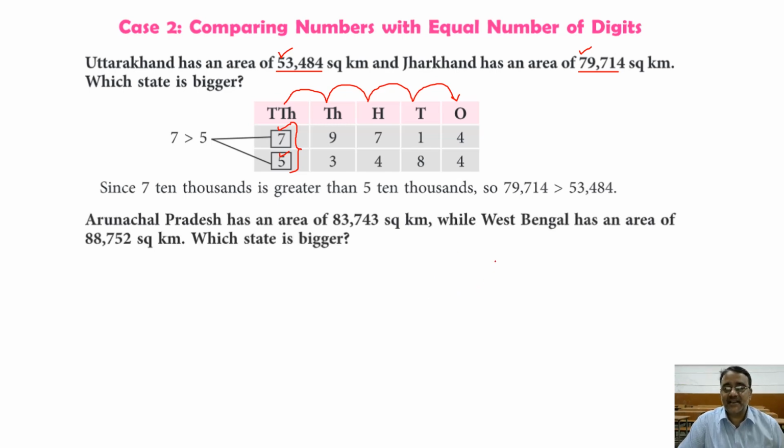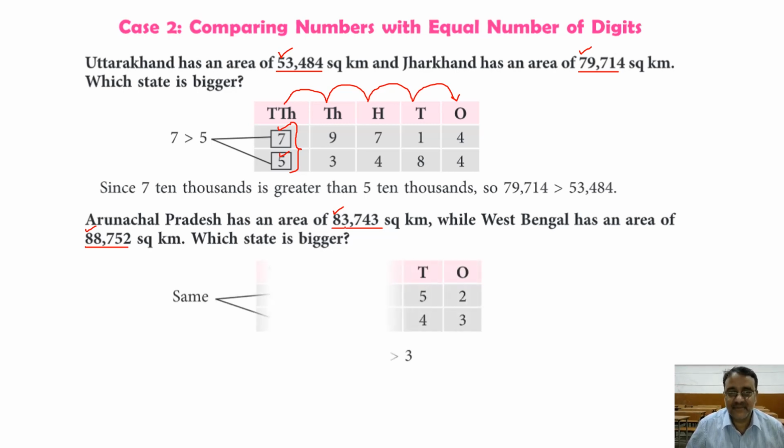Arunachal Pradesh has an area of 83,743 square kilometer, while West Bengal has an area of 88,752. So अब हम लोग इसको प्लेस वैल्यू चेक करेंगे. 10,000 में देखो दोनों में 8 है, here 8, here also 8, and the 1,000 places are different, 3 and 8. Which number is greater, 3 and 8? 8 is greater, right?